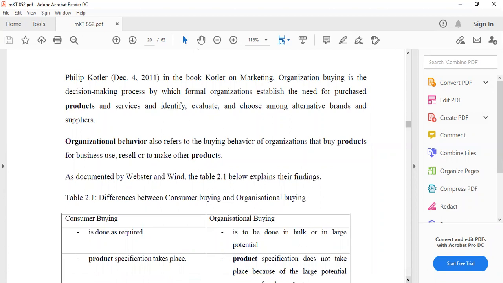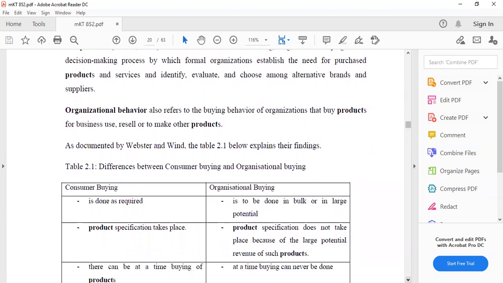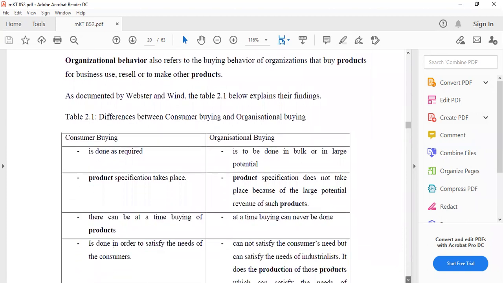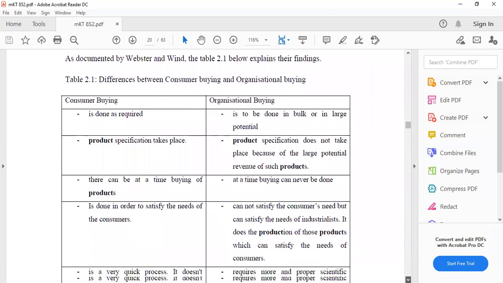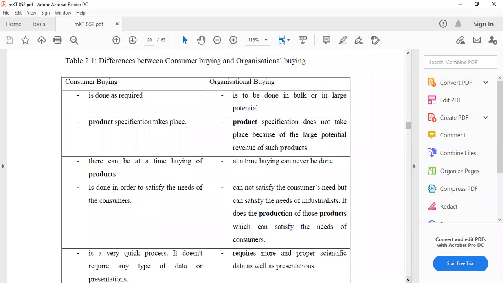However, going by the differentiation, as we had earlier said, in a tabular form, we provided the differences. The differences may not have been very comprehensive, but to a reasonable extent, it made meaning. So in the first column, we have consumer buying. The second column, we have organizational buying.